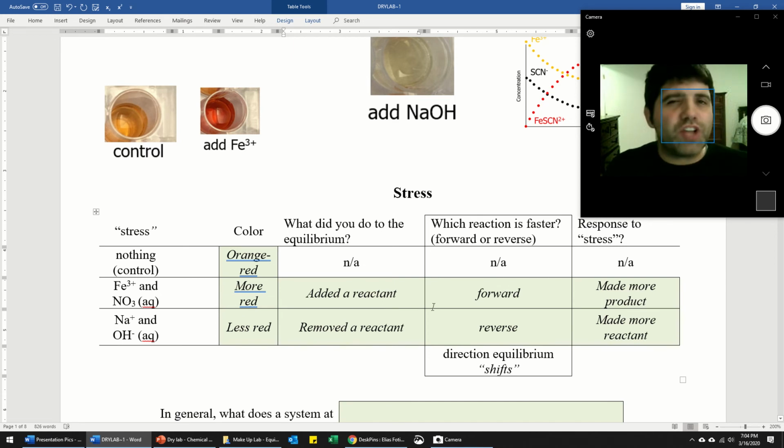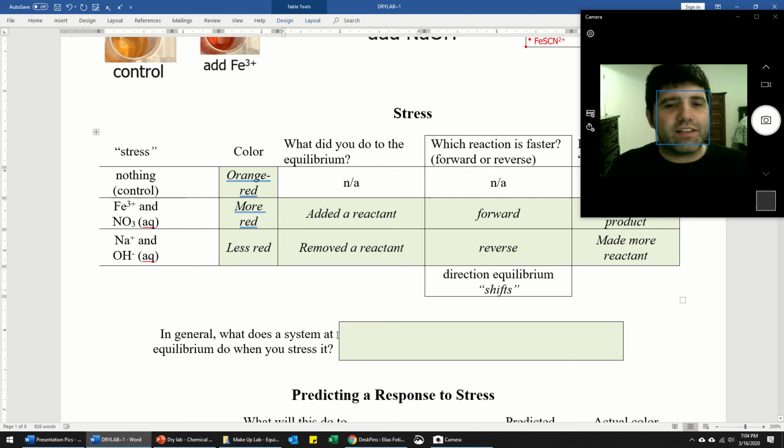So what the general idea here is when you have something at equilibrium and you disturb it, what it does is it responds or shifts in a direction that minimizes the stress that you put on it. It basically compensates for what we do to it in order to reestablish equilibrium.